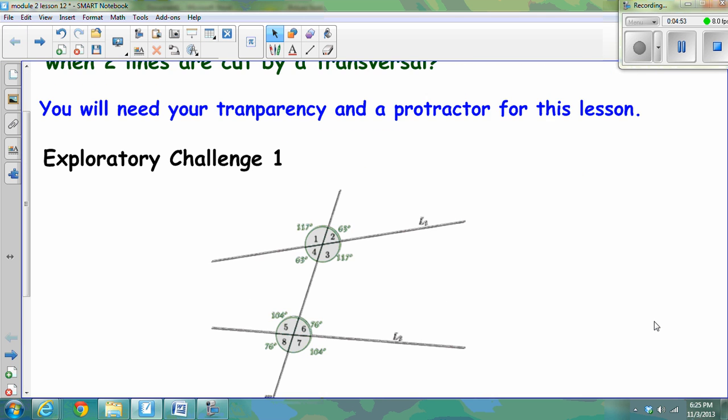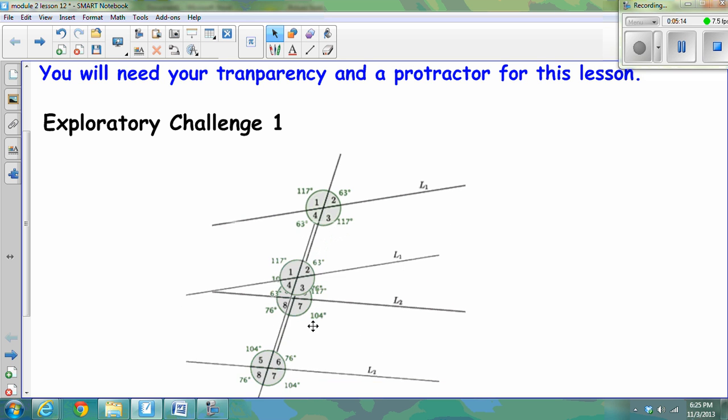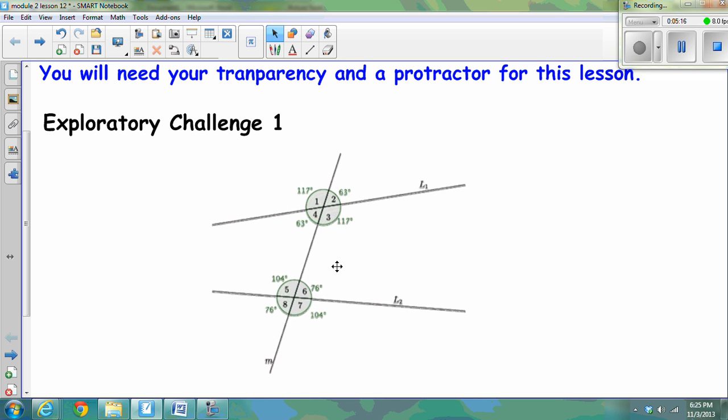So if we go back to this picture, if you notice, angles 1 and 5 are on the same side of the transversal, they're on the left side, and they're in corresponding positions. They're both in the top left corner of the four angles. 1 and 5 are in the top left corner, and they correspond. What other angles are corresponding angles? Think about that, and we're going to list which other pairs of angles are corresponding angles.